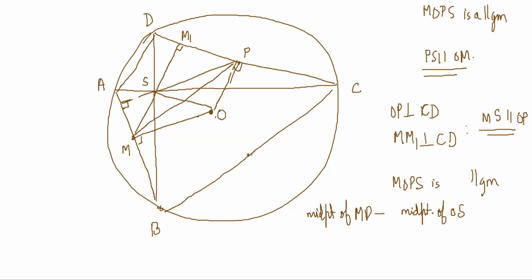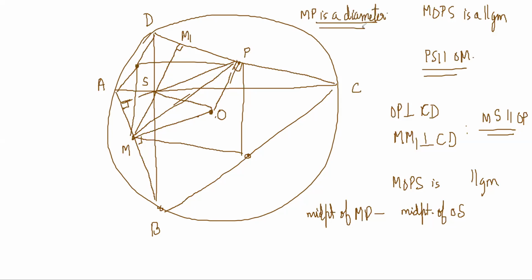Yes. MP was a diameter. We had proved that earlier. So the midpoint of MP is the center of the 8-point circle, which is also the midpoint of OS.